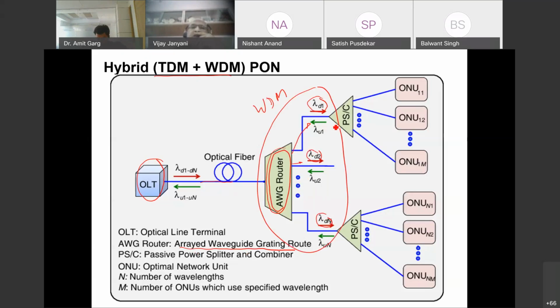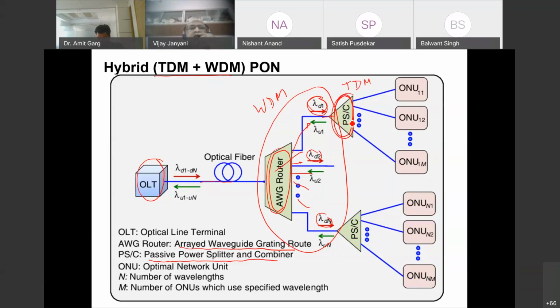Here each of these wavelengths, which have been separated by the AWG into different parts, is further subdivided by using a splitter. This is a passive power splitter and combiner. That splitter is normally used in TDM.